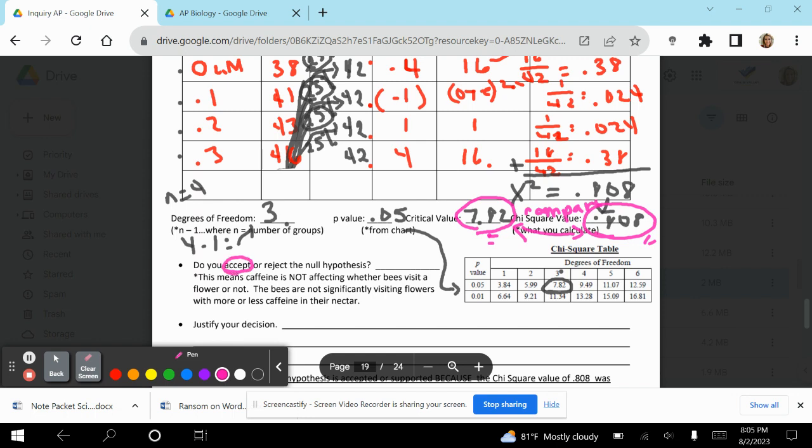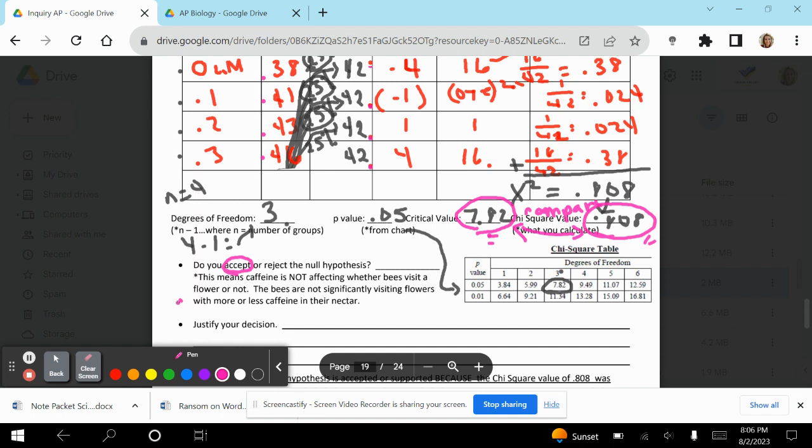So what that means is these numbers that we got here are actually a really good fit to no preference numbers, as in 42 visiting each of those flowers. This means caffeine is not affecting whether the bees are visiting the flowers or not. They're just randomly going to each flower.